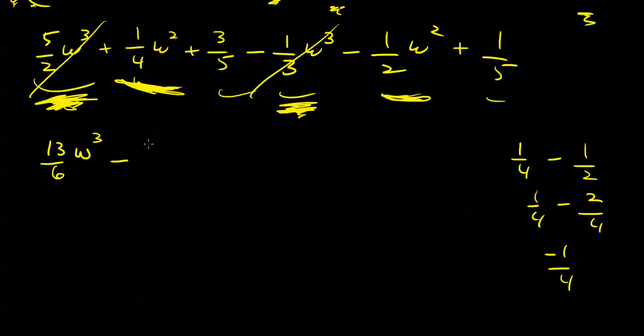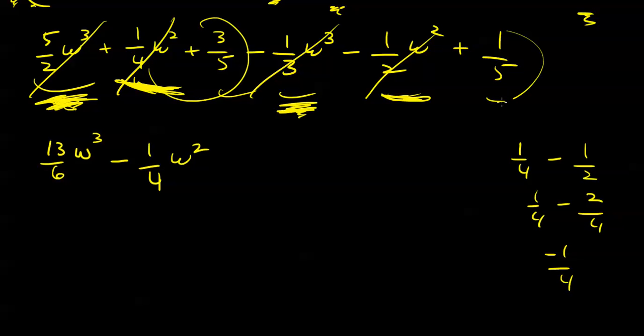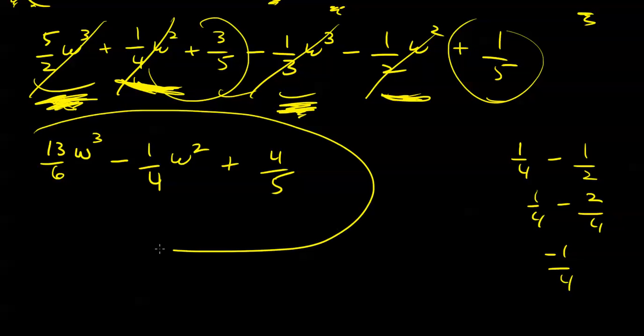So I'll get a w squared with a coefficient of negative 1/4. Takes care of the degree 2 terms. And now 3/5 plus 1/5, of course, that's going to be 4/5. So combining like terms and performing our fraction arithmetic, we get that result.